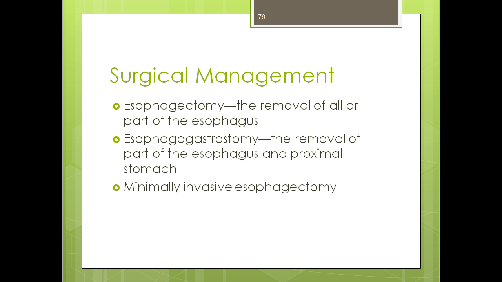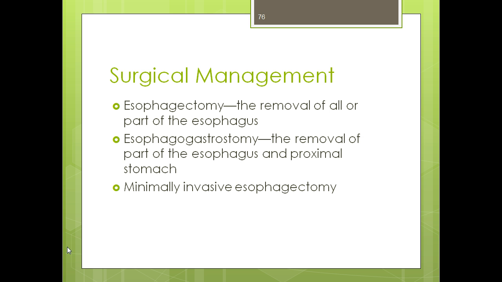As far as the surgical management, they may also do this in conjunction with the non-surgical management. You'll often find people get an esophagectomy, which is the removal of all or part of the esophagus. They can also get an esophagogastrectomy, which is the removal of part of the esophagus and proximal stomach.